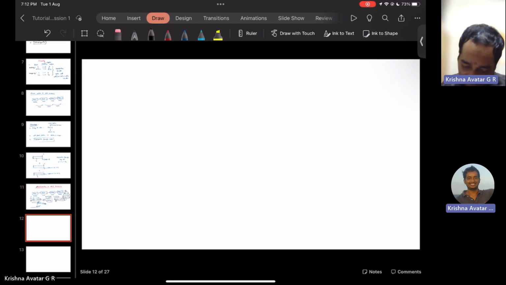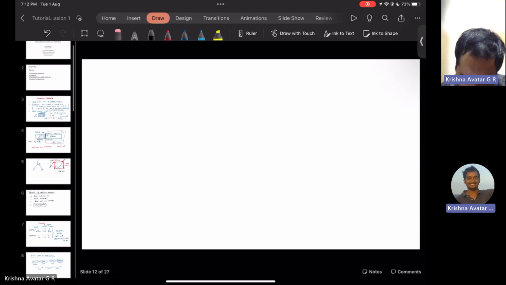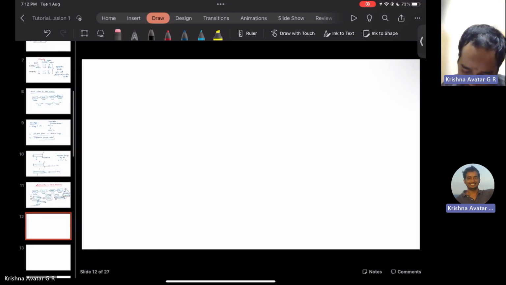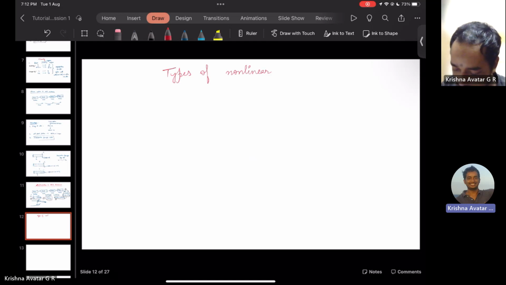Let's go about all these nonlinearities, or as we had mentioned here, the types of nonlinearity. Let's go one by one. Let's start with geometric nonlinearity.